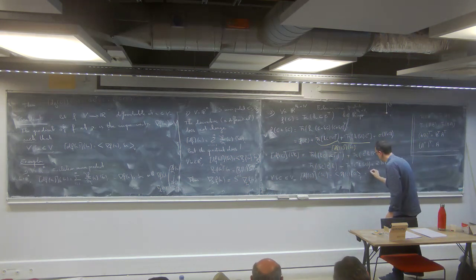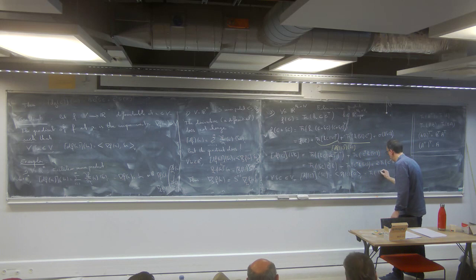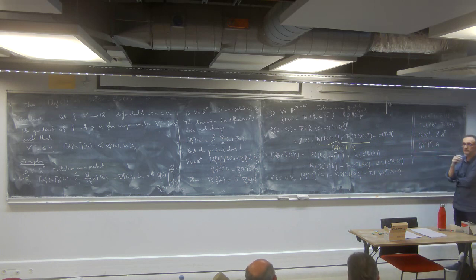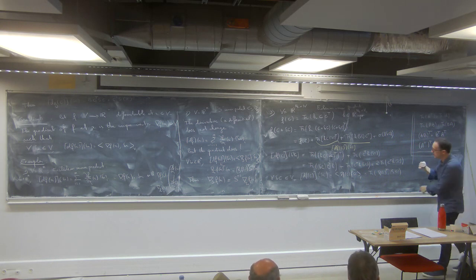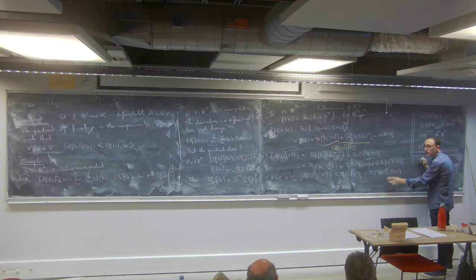And what's that? Just the trace of gradient f of C transpose delta C. Okay? And so it's very simple. I just have to identify these two expressions.